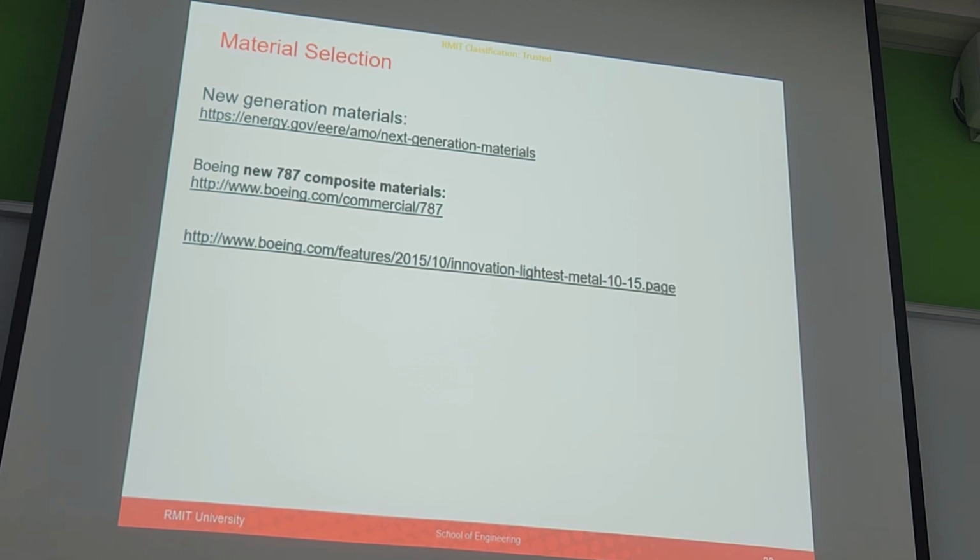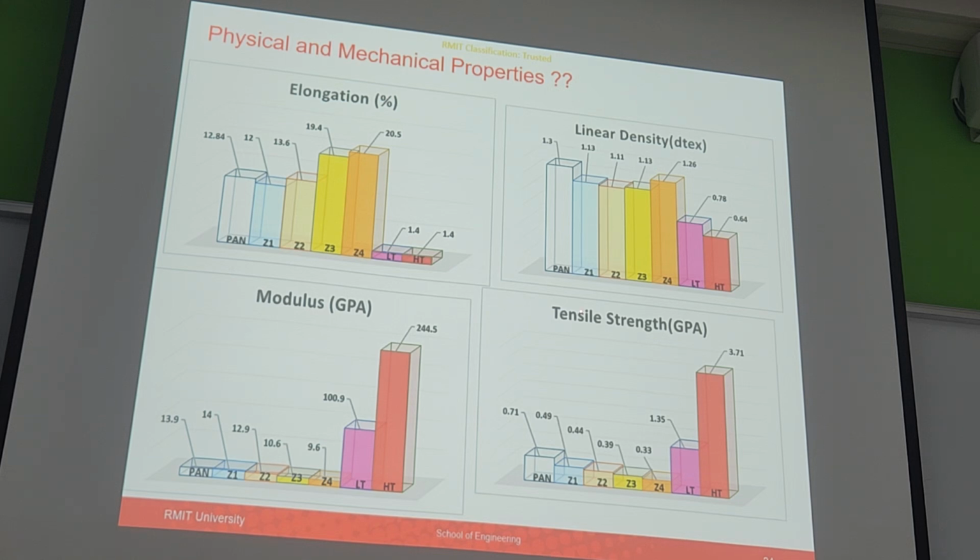It means the new generation of airplane used carbon fiber instead of steel because it reduced the weight and is very strong. And the modulus you can see is a lot. Tensile strength is a lot, 3.7, it was 0.7. Very, very strong.